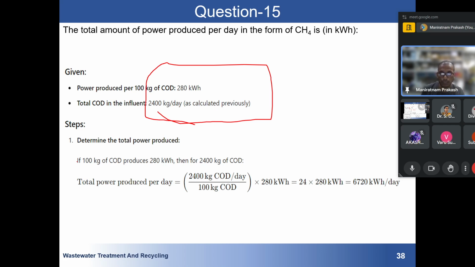To determine the power produced, if 100 kg of COD produces 280 kilowatt, then for 2400 kg of COD it is just a simple unit conversion, and we get 6720 kilowatt per day of power.